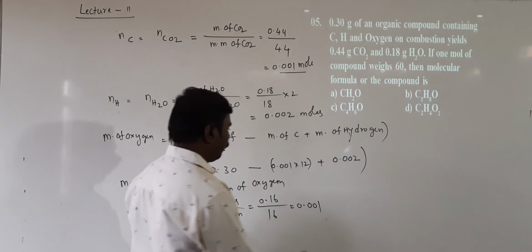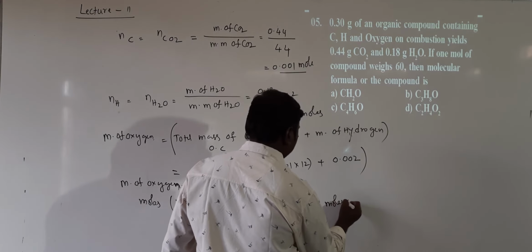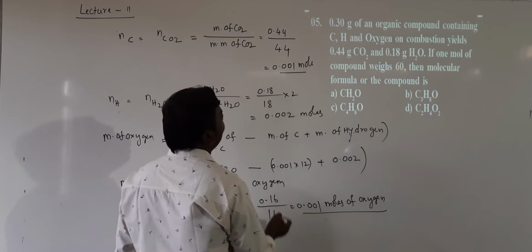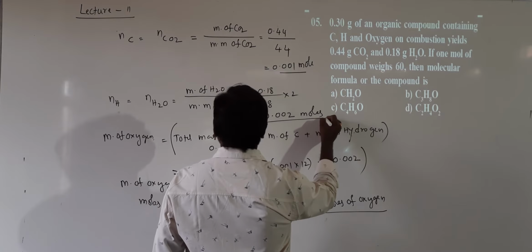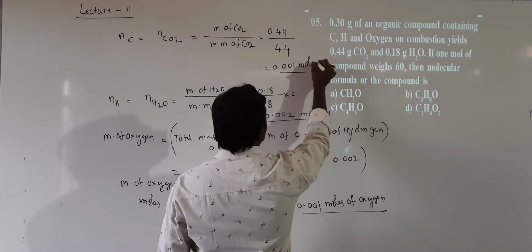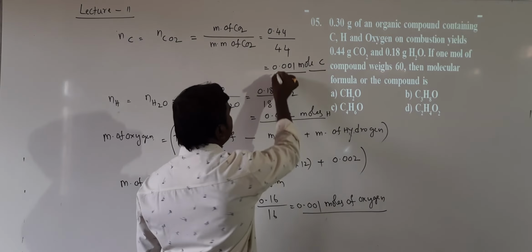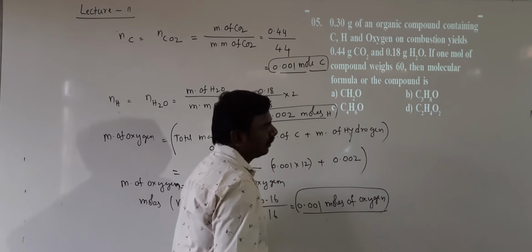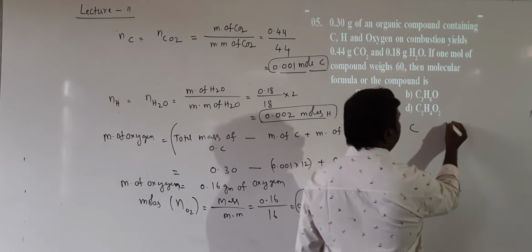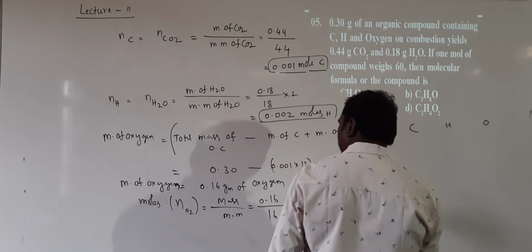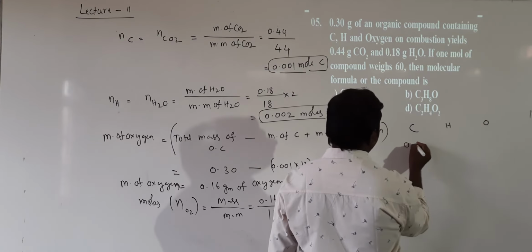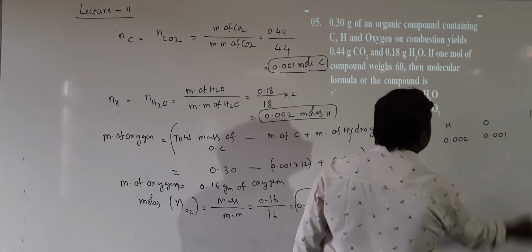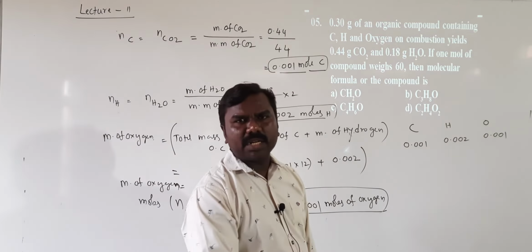So we have moles of oxygen, moles of hydrogen, moles of carbon. We got moles directly. So carbon, hydrogen, oxygen moles are 0.001, 0.002, 0.001. 3 steps already completed.